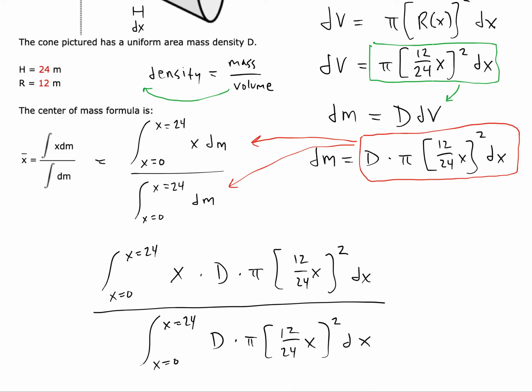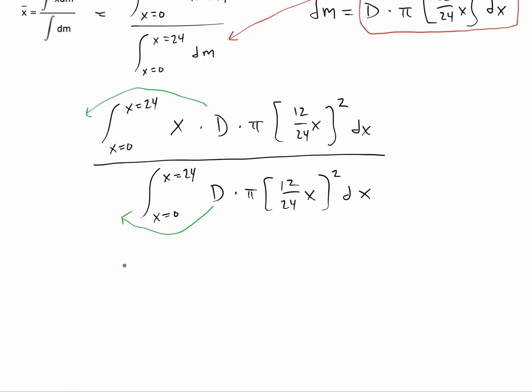Anything that's constant can come out front and cancel. So you could bring the d out front and the pi as well, d times pi times (12 over 24) squared, and bring all that stuff out front.